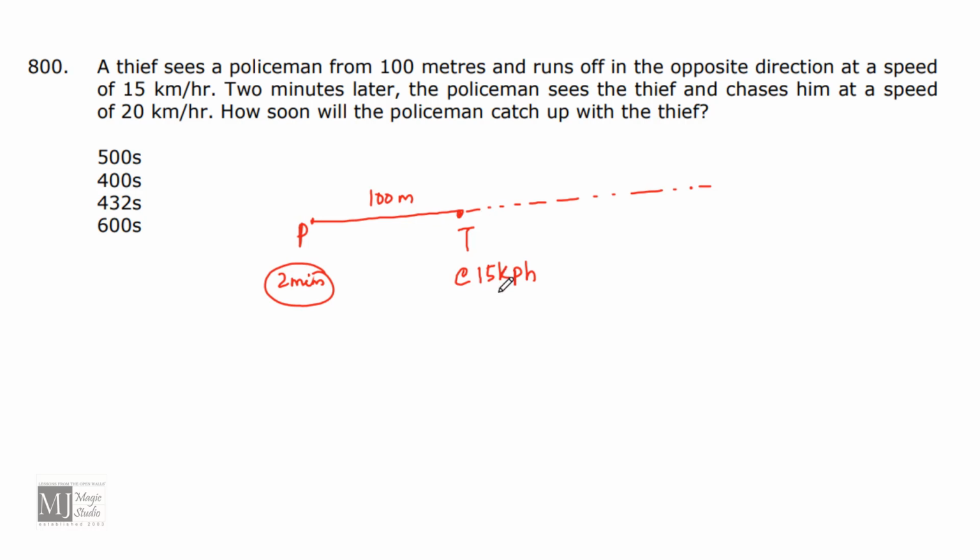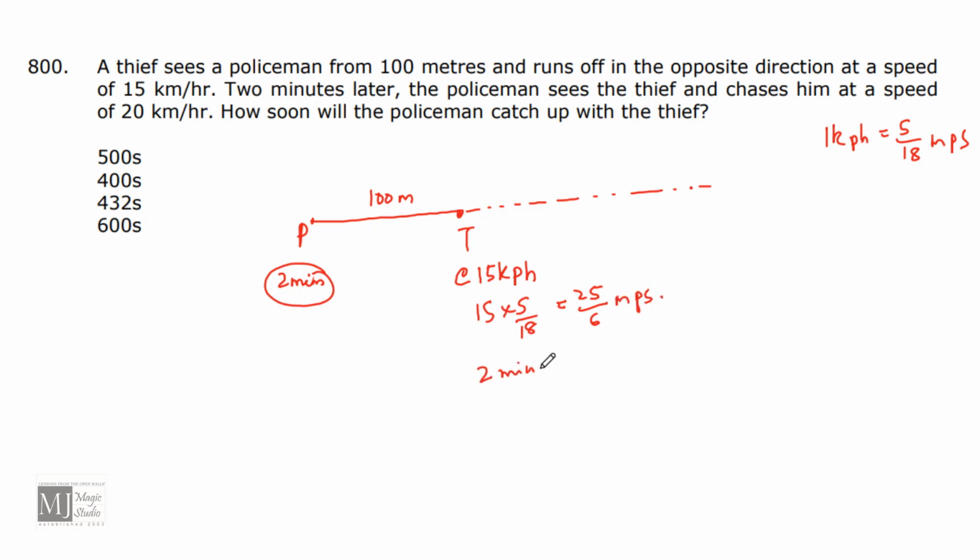Let us first convert the speed of thief into meters per second. We know that 1 kph is equal to 5 by 18 meter per second. That means 15 kph is 15 into 5 by 18, that is 25 by 6 meter per second.